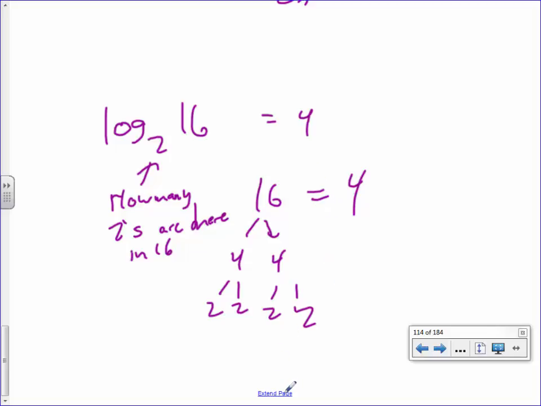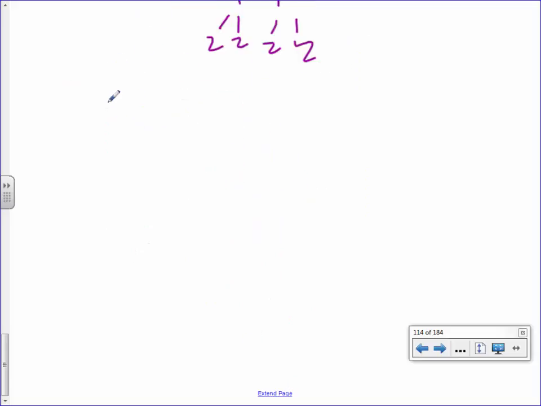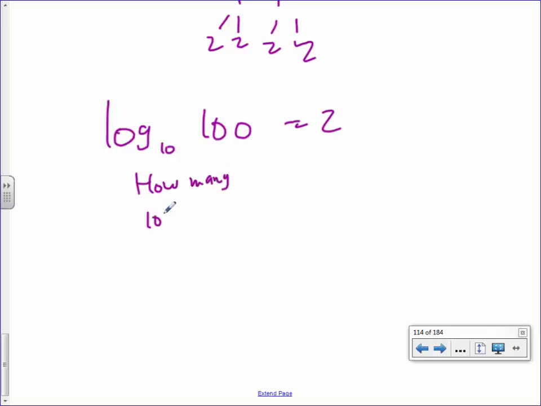Let me try a few more, just because repetition sometimes helps. If it was log base 10 of 100, the answer is 2, because this basically asks, how many 10's are in 100? And you'd say, well, 100 breaks up into 10 by 10, so there's 2 of them.